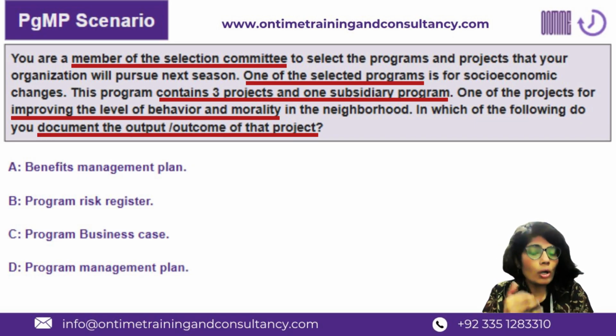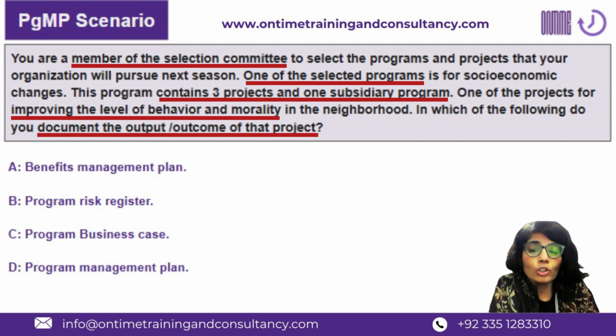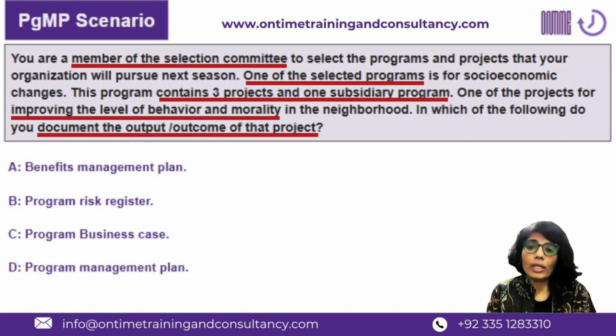However, you also need to check whether you have the benefits management plan at the point where you are currently standing. Most likely, no. Why? Because your business case has just been approved. You don't even have your charter with you. How can you expect the benefits management plan to be available?